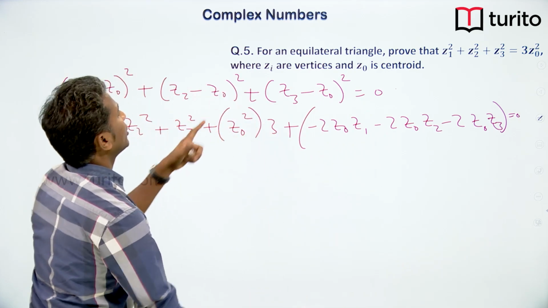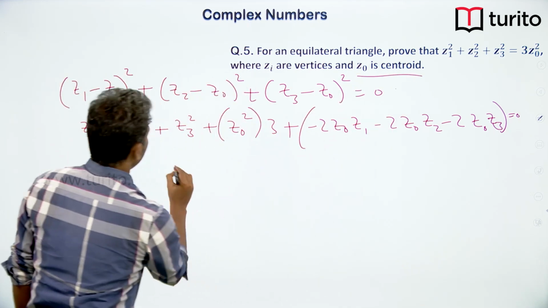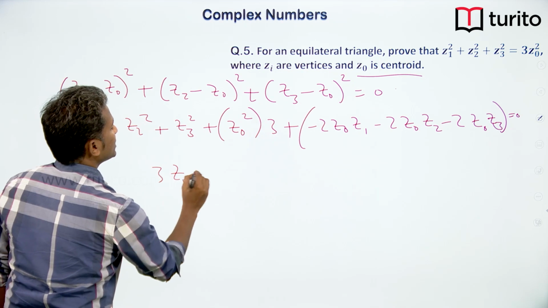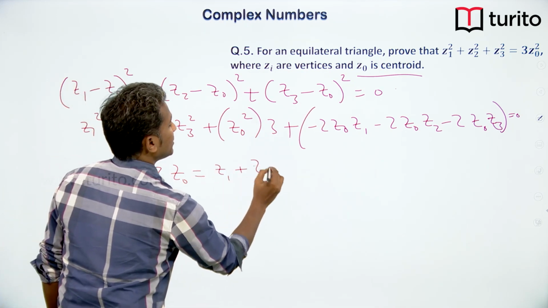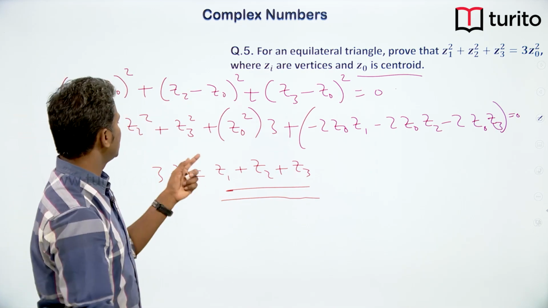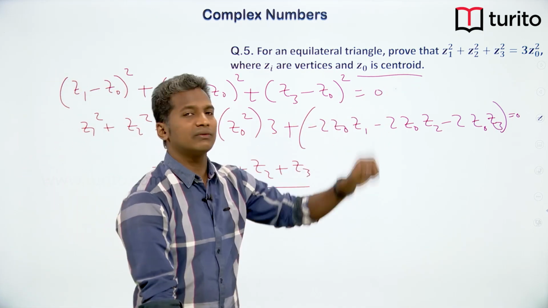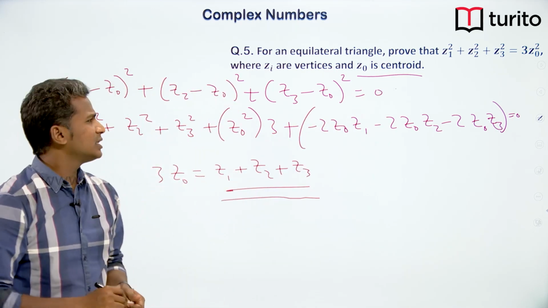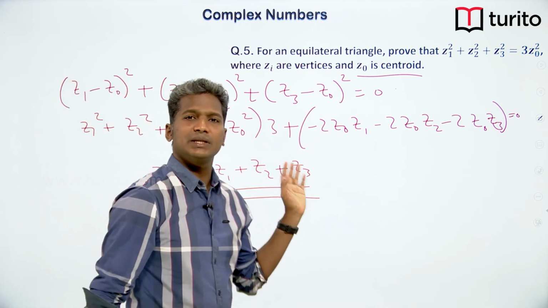But here, because Z0 is the centroid, we can say that 3 into Z0 is equal to Z1 plus Z2 plus Z3. Now using this relation, if we substitute it, we will get the required answer. So this way we can proceed with this question.